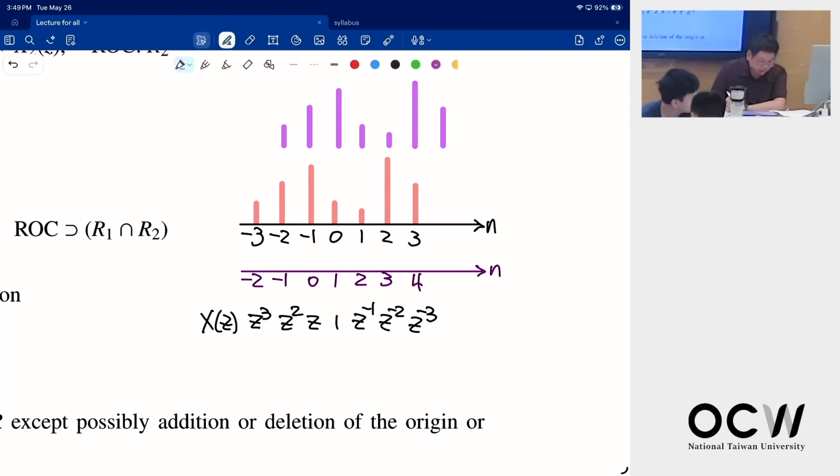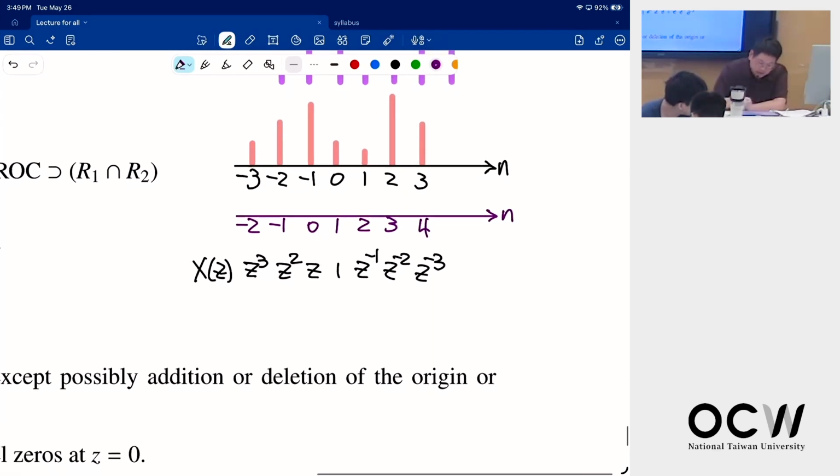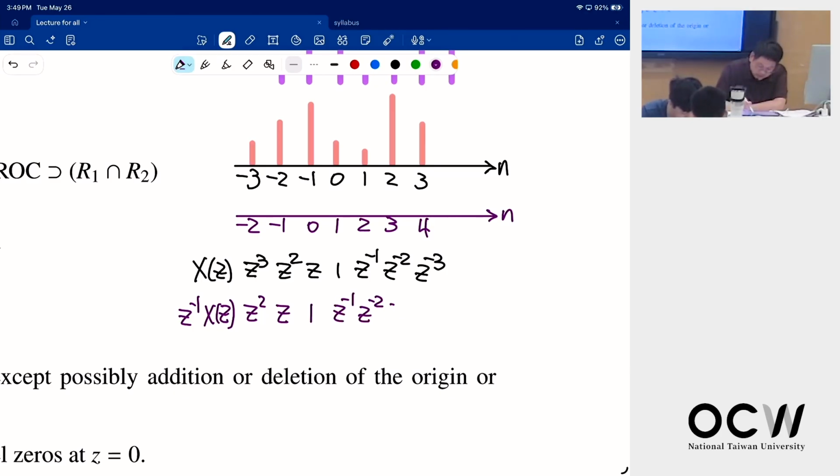So my Z transform will be Z to the minus 1 times X of Z. So this is Z squared, Z and 1, and Z to the minus 1, Z to the minus 2, Z to the minus 3, Z to the minus 4.